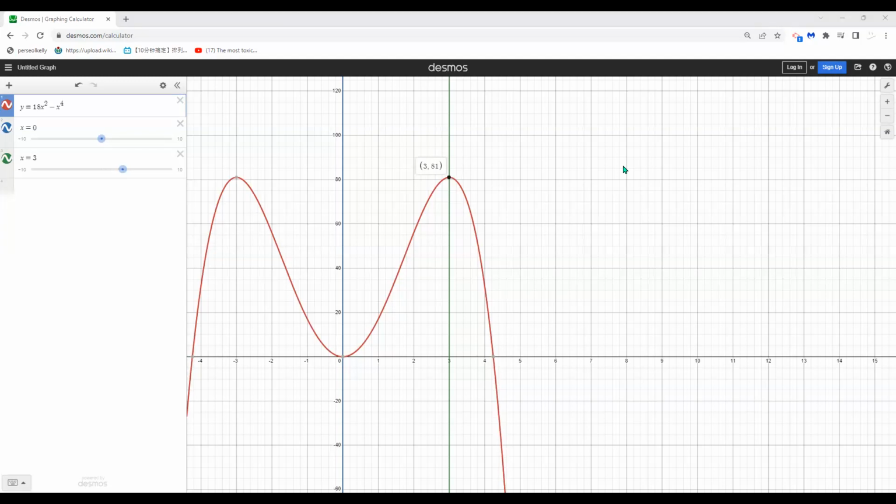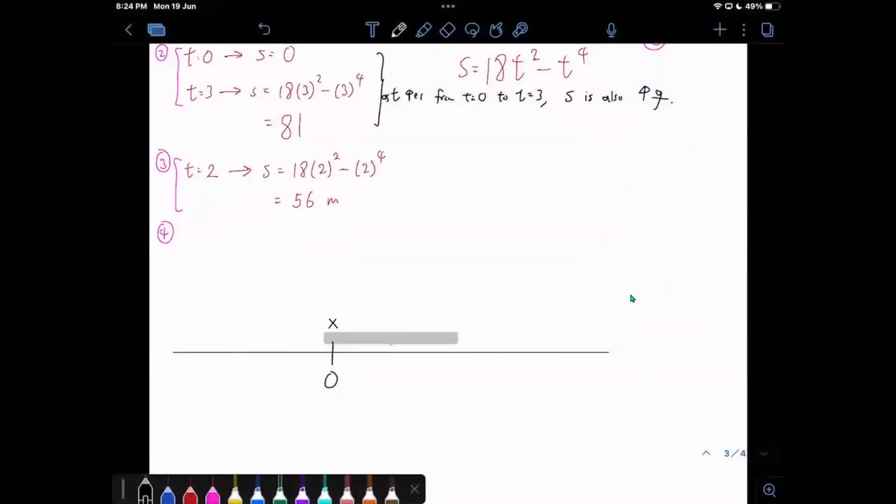Now let's go back. But you don't need this graph. You really don't need this graph. You can also check that it's increasing simply by, how do you check that s is increasing from t equals 0 to 3? To verify that our function is increasing, you take the what derivative?